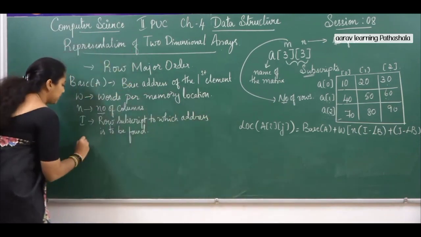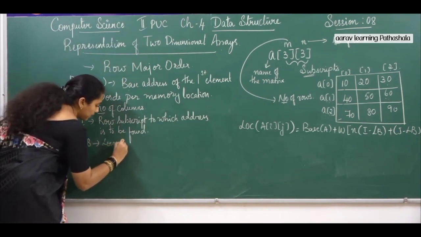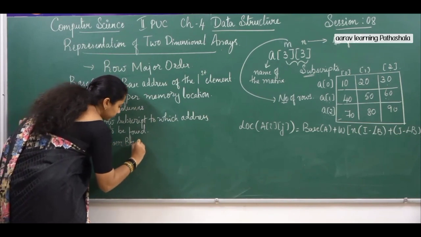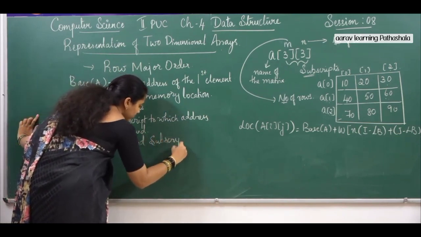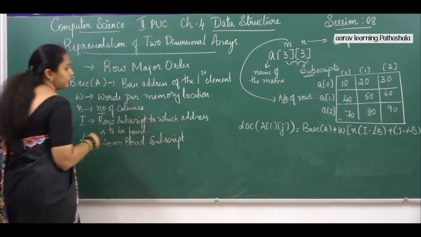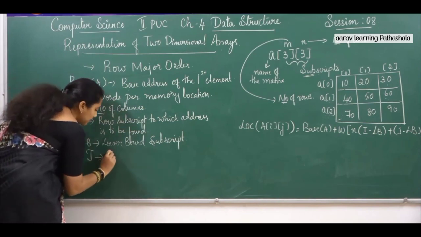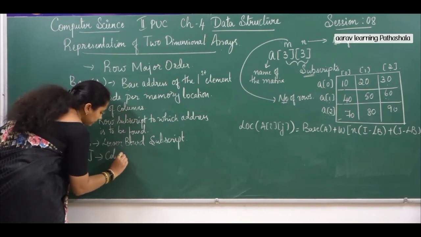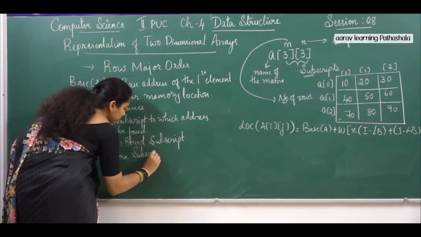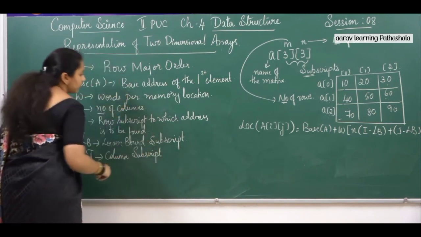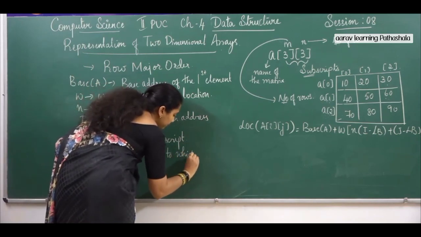And LB represents the lower bound subscript, and J represents the column subscript to which address is to be found.